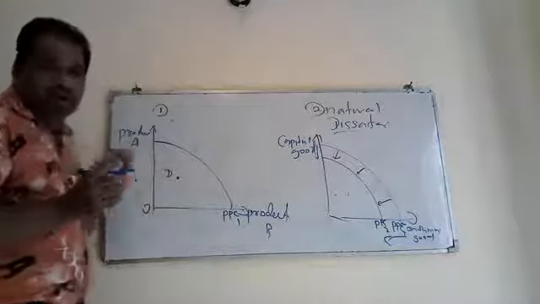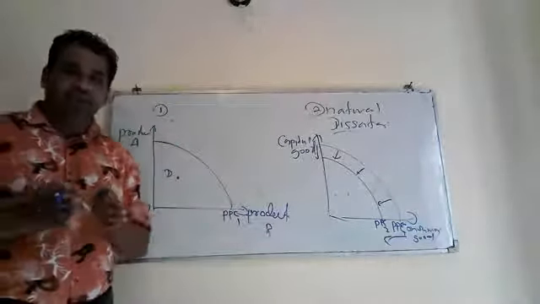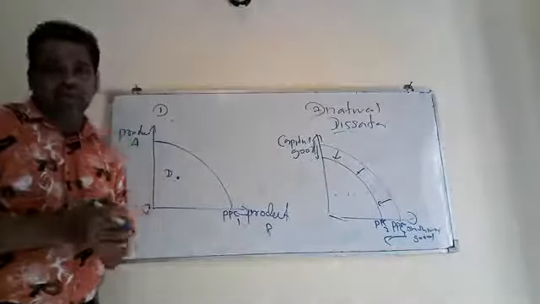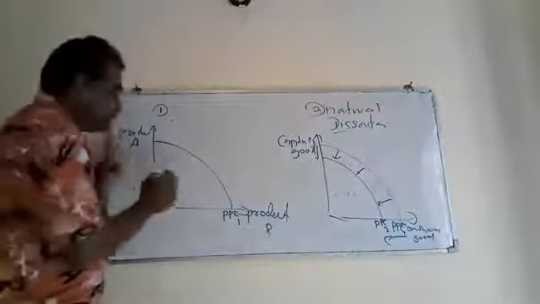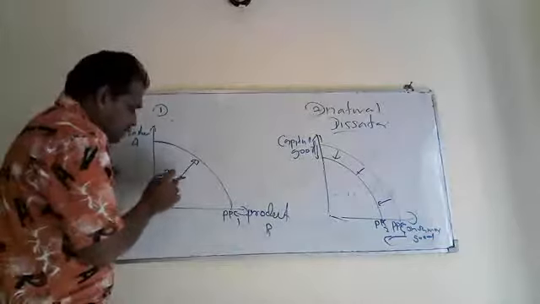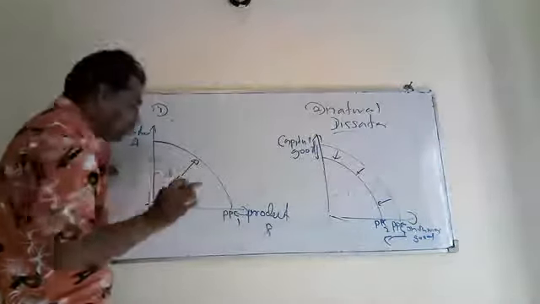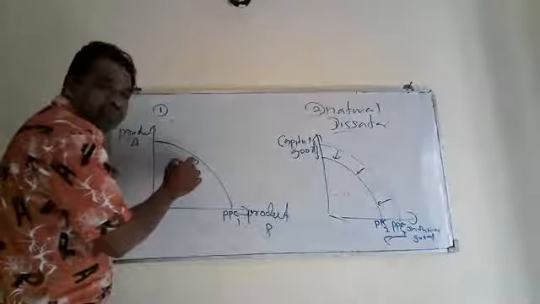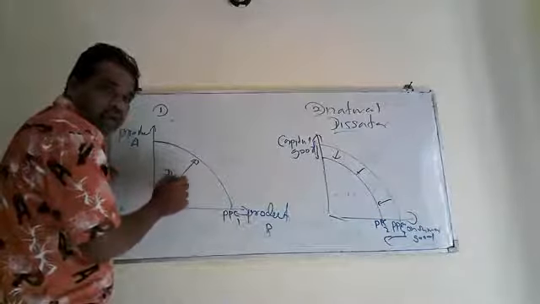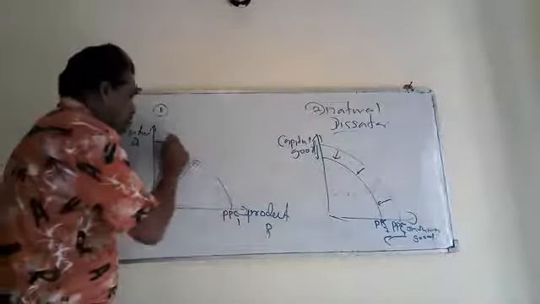Then, because of development in road networks, now they are in a position to use unutilized resources available in rural areas. Therefore, without any opportunity cost, you can increase your production capacity. Now you are at a point inside the curve, and without any opportunity cost, you can easily expand your production from any point inside the curve to meet your PPC.